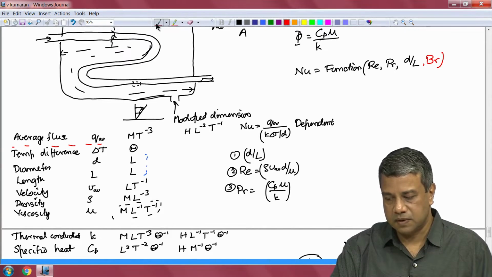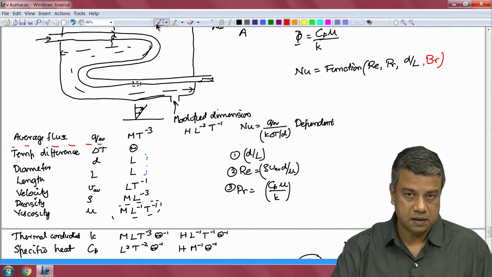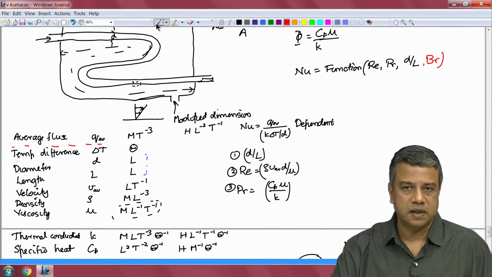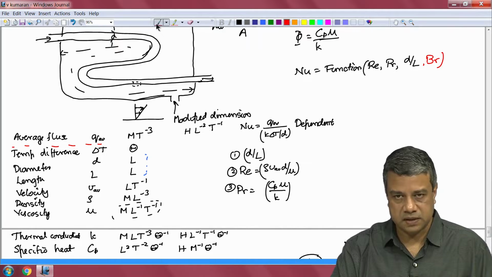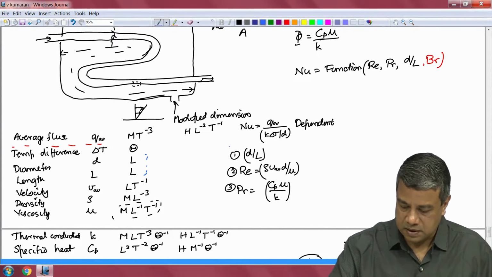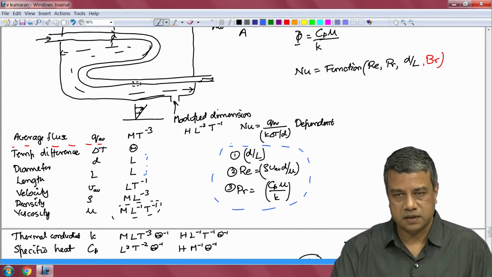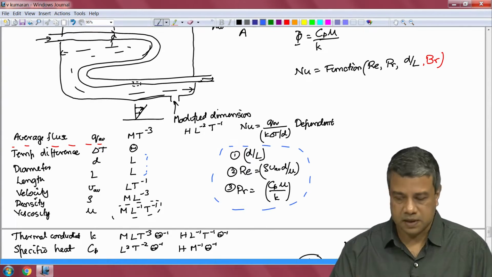And based upon that, we had got one dependent dimensionless group, the Nusselt number, which was obtained by dividing the average heat flux by a term that has the same dimension as the right side of Fourier's law of heat conduction. And there were independent dimensionless groups, the ratio of lengths, the Reynolds number, ratio of inertial and viscous effects, and the Prandtl number.